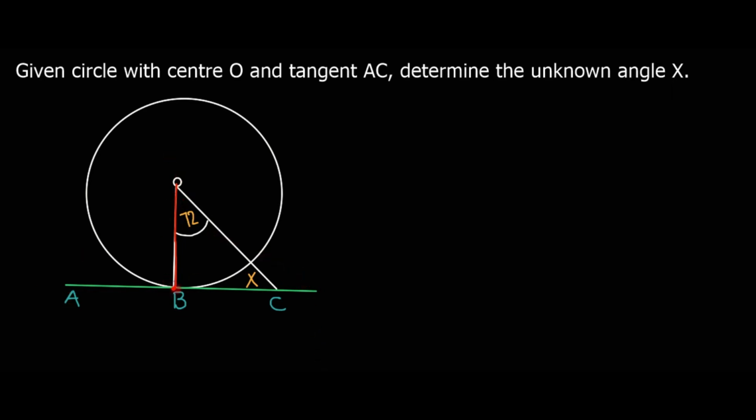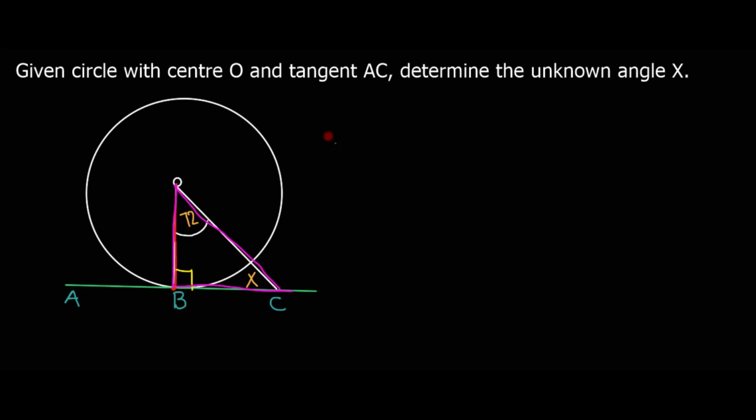This means the radius is perpendicular to AC, because every time a radius touches a tangent, it is at 90 degrees. So now we have a right angle triangle because this angle is 90 degrees. This question is very easy and straightforward because now we have a right angle triangle.